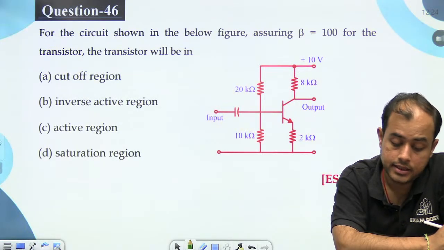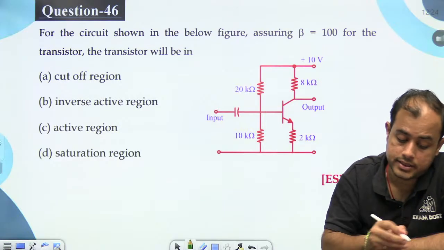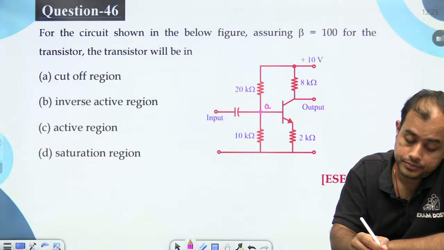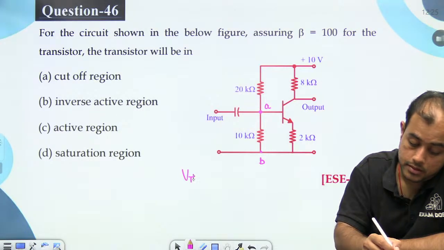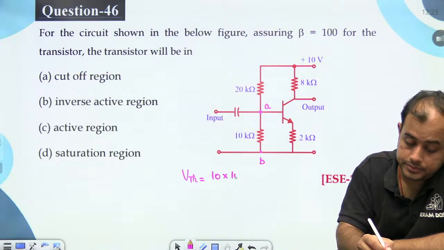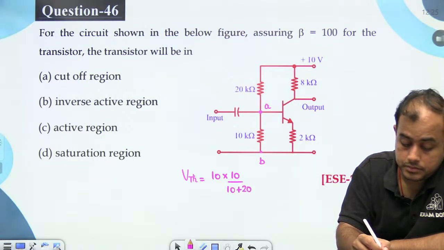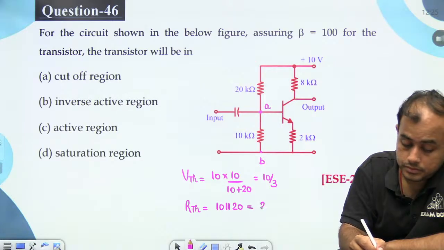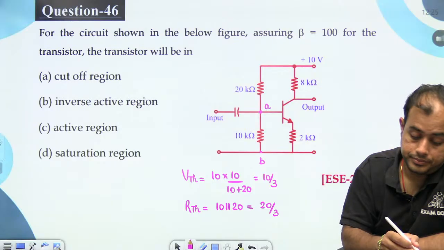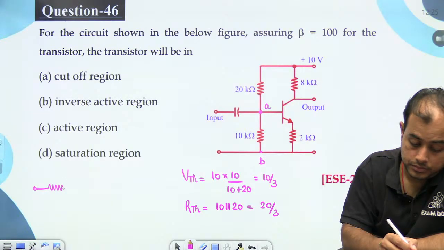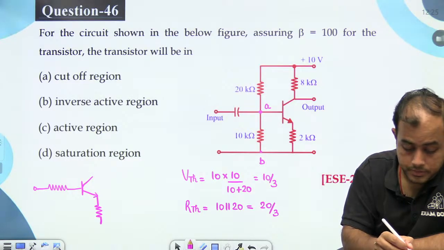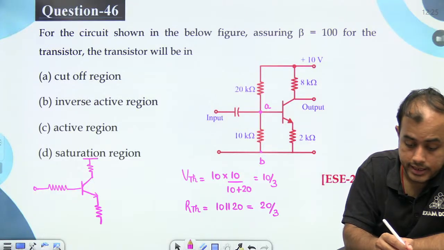ESE 2001: assume beta is 100. What is the region of the transistor? So basically, at AB we find VTH and RTH. Dekho, cut-off toh jayega nahi, inverse active bhi nahi jayega.